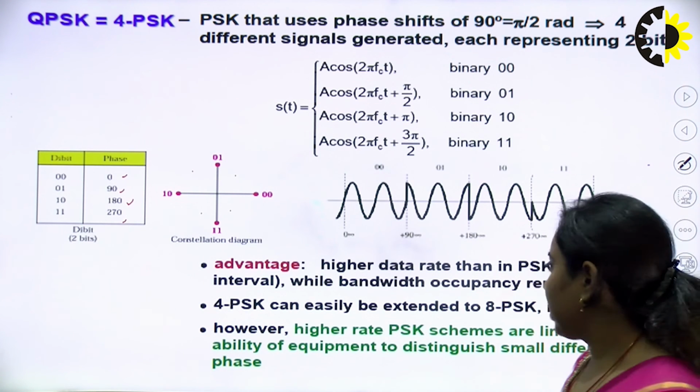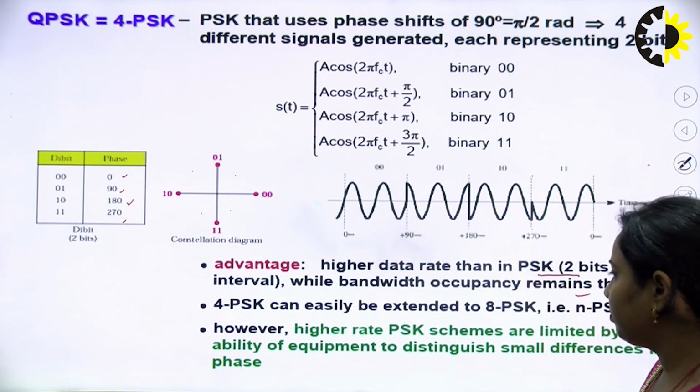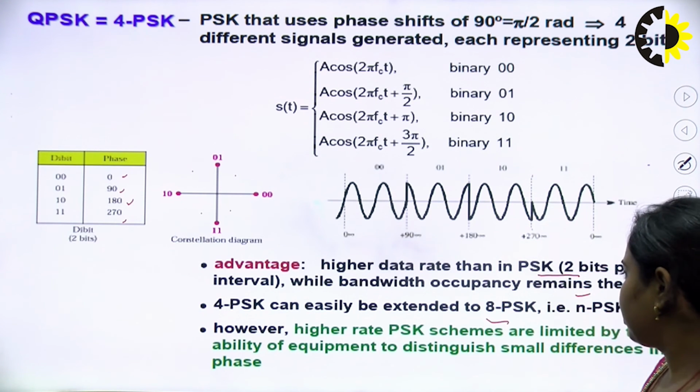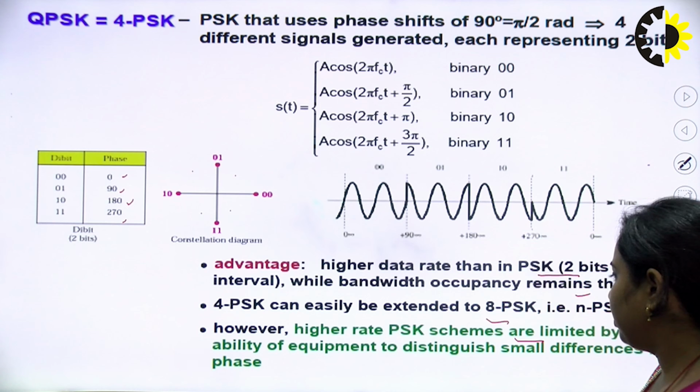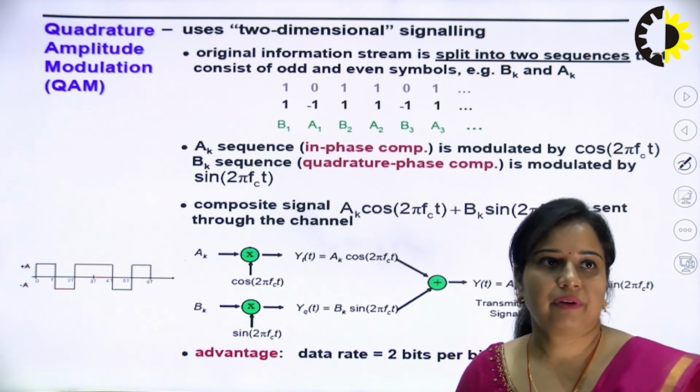The advantage of this is higher data rates than PSK, while bandwidth occupancy remains the same. 4PSK can easily be extended to 8PSK, that is NPSK. However, the higher rate PSK schemes are limited by the ability of equipment to distinguish small differences in the phase.